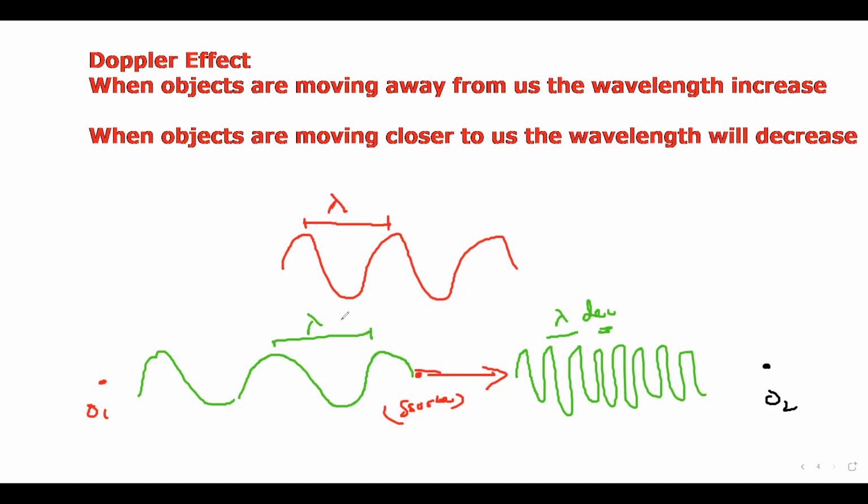Due to the movement of the source, if the source is moving away from us, the wavelength increases, and if the source is moving towards us, the wavelength decreases. This change in the wavelength due to the relative motion of the source or observer is known as the Doppler effect.